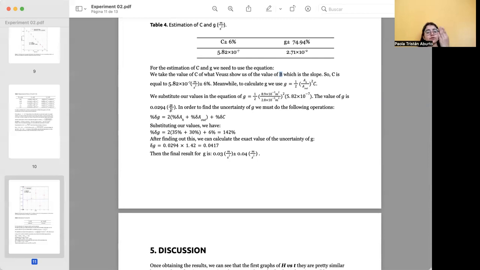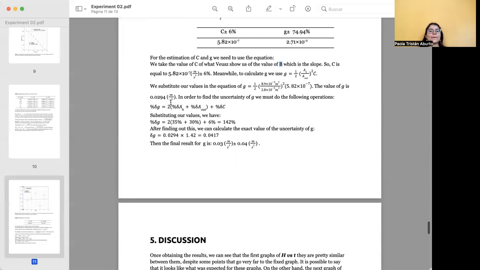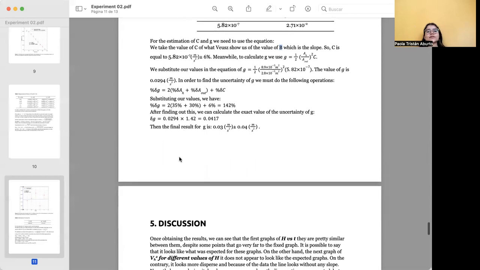In order to find its uncertainty, we have to multiply 2 times the percentage uncertainty of area H plus the percentage uncertainty of area out, and we sum the percentage uncertainty of C. Then we substitute our values that we previously calculated, and we have that the percentage uncertainty of G is 142%.